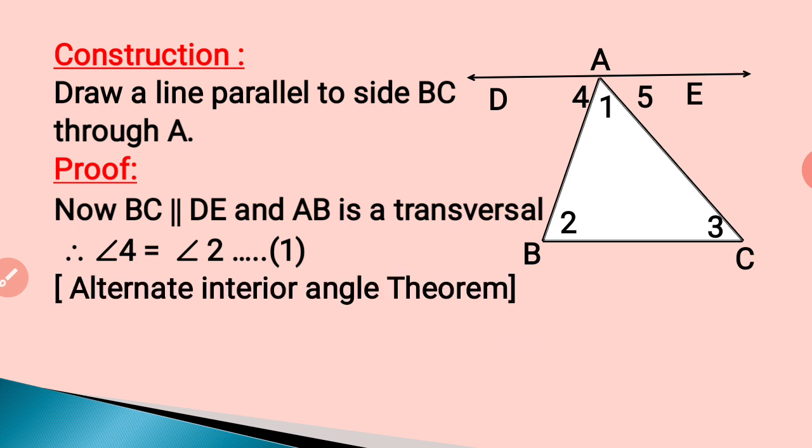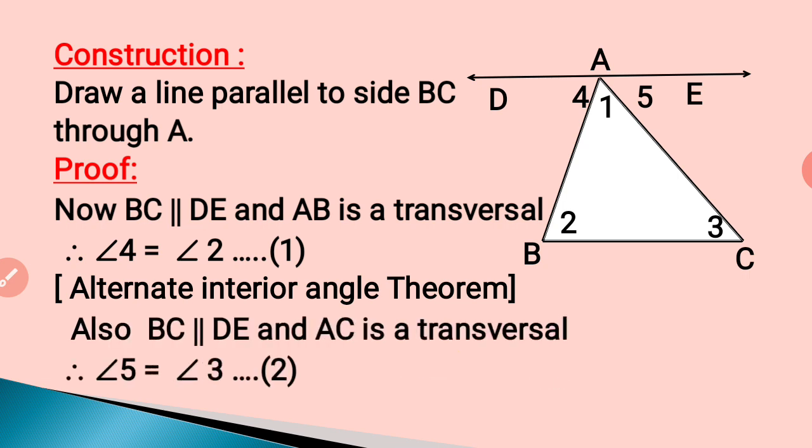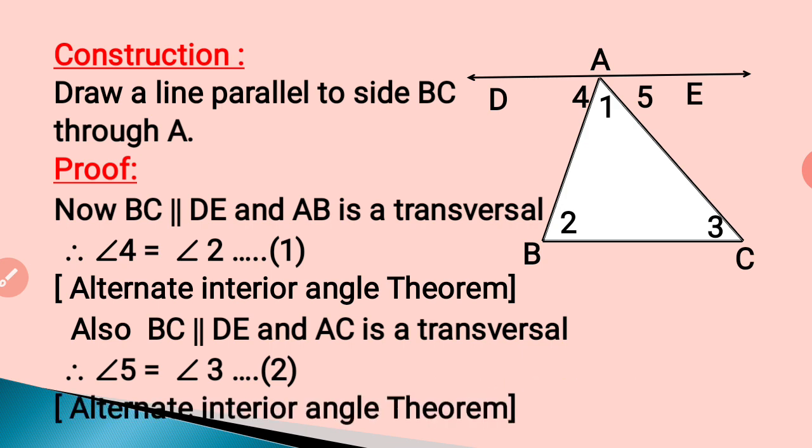So the first statement reads as angle 4 equal to angle 2. This is by using the alternate interior angle theorem. Similarly, if I consider the parallel lines and AC to be the transversal, I can conclude that angle 5 equals angle 3. Again, we have used the same concept, that is the alternate interior angle theorem.